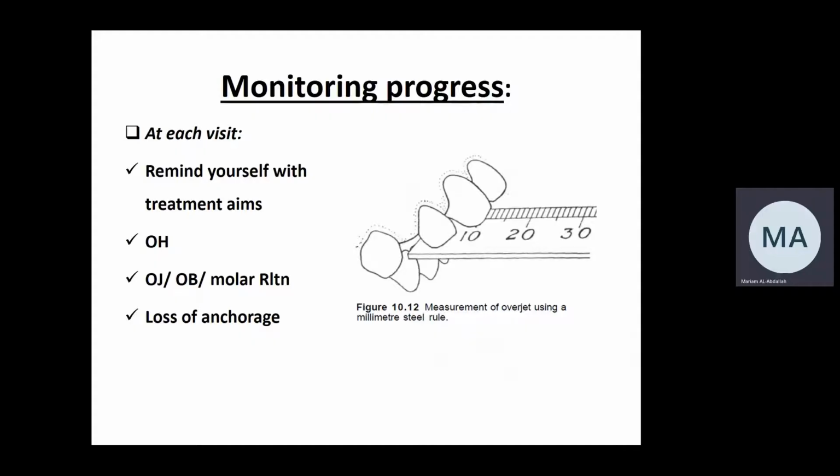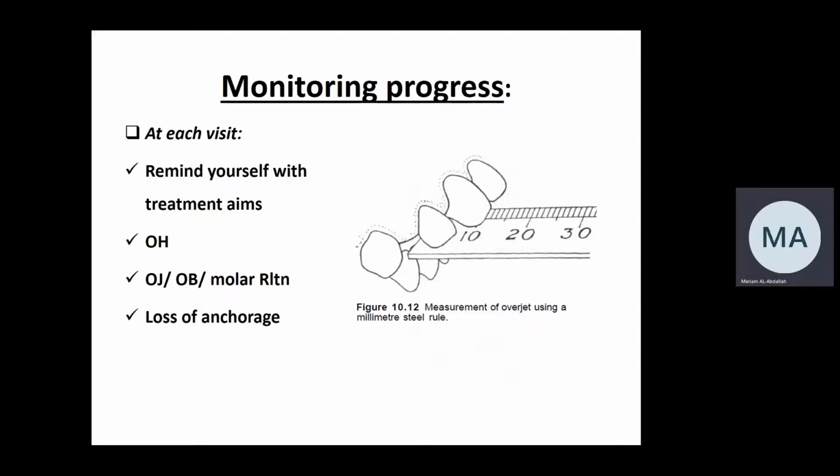At each visit, I have to check oral hygiene, I have to measure overjet, overbite, molar relationship, and compare these with the baseline measures and relationships.